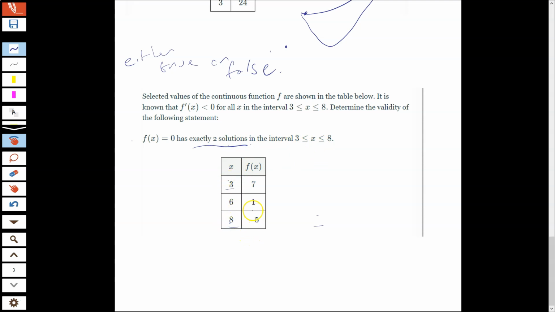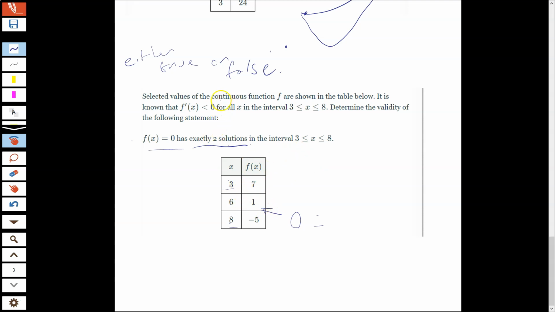We have 3 to 8. And then I'm going to look to see if f of x equals 0 falls between my y values. So f of x equals 0 would be here, right? Falls between 1 and -5. But exactly two solutions, so it only shows up once.